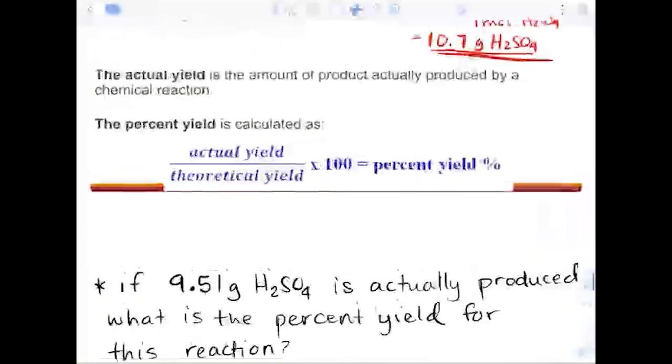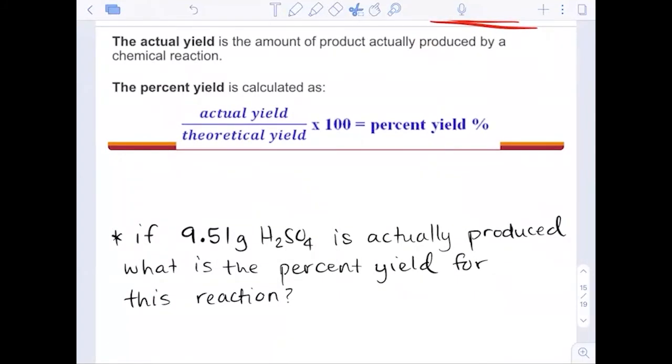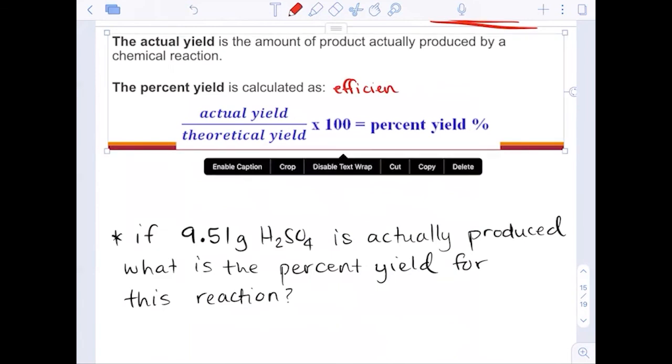Now, the actual amount is quite different than the theoretical amount. The actual amount of product produced is something that you would actually obtain in the lab. And we can calculate from that actual amount and from the theoretical yield something called a percent yield. Now, this is an efficiency. How efficient was the reaction?